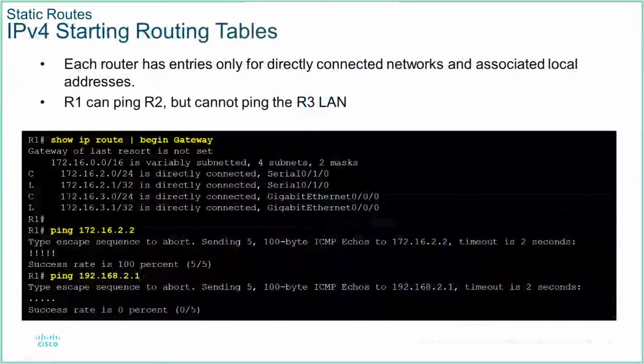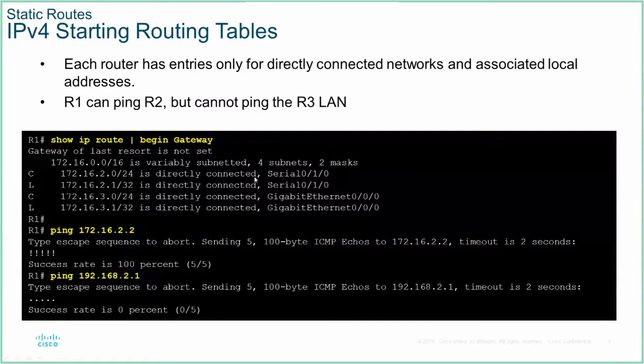So with that, we have the 172.16.2 network connected to the serial line going up to R2. And then we have the directly connected network 172.16.3.0/24 connected to our switch and the rest of our PCs.